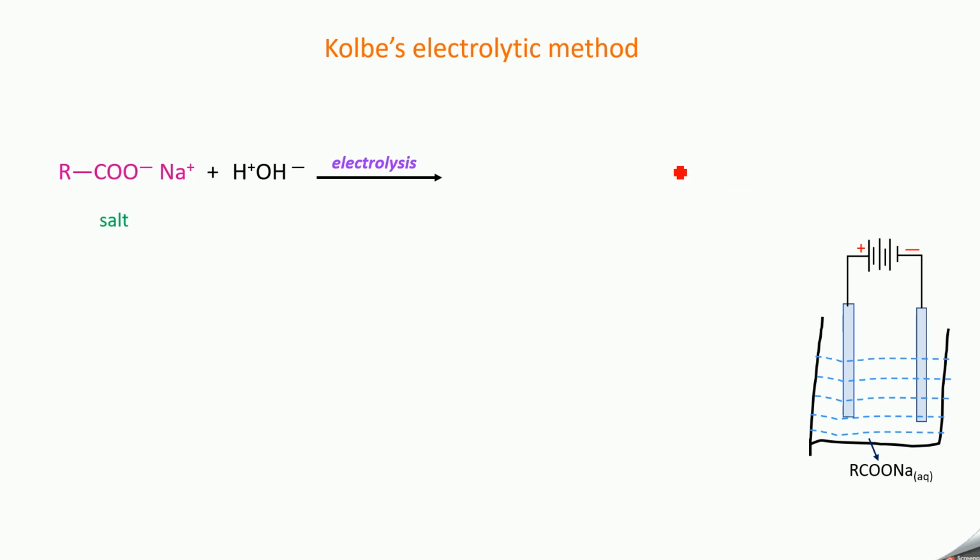I will tell the products and then I will explain the mechanism. Now you see the products. Here you have to take 2 molecules of the salt of the acid. These 2 molecules combine to form RR, which is called an alkane. The COO combines to form carbon dioxide, 2 molecules of carbon dioxide, because we are using 2 molecules of the salt.